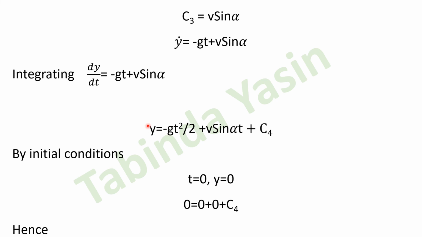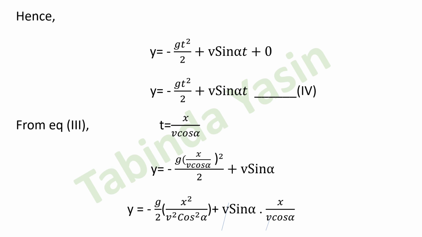So substituting 0 here, we get c4 is equal to 0. Hence y is equal to minus gt square over 2 plus v sin alpha t plus 0. Y is equal to minus gt square by 2 plus v sin alpha t gives equation number 4.